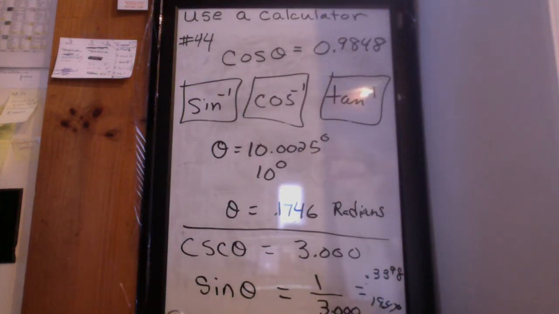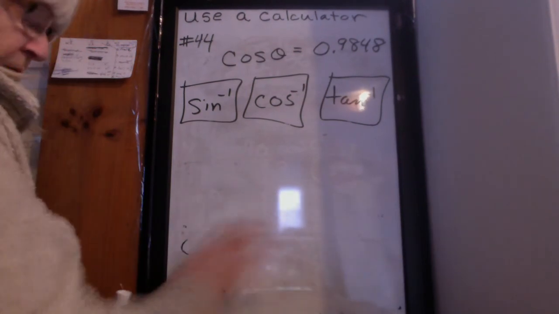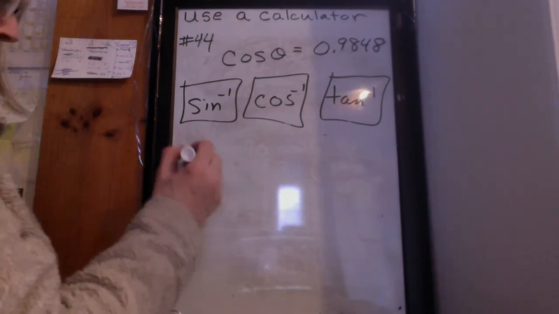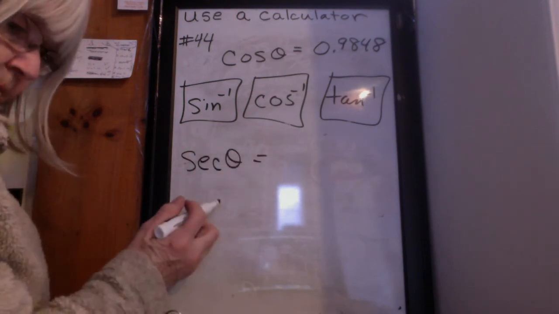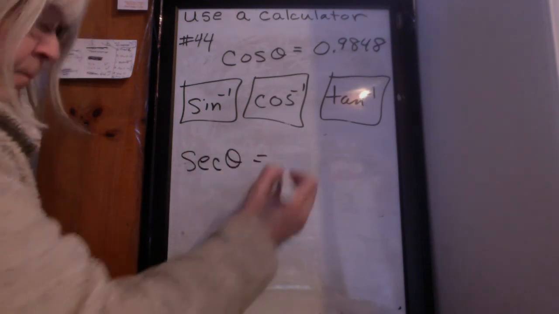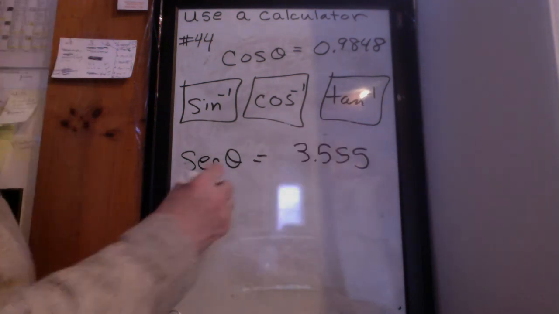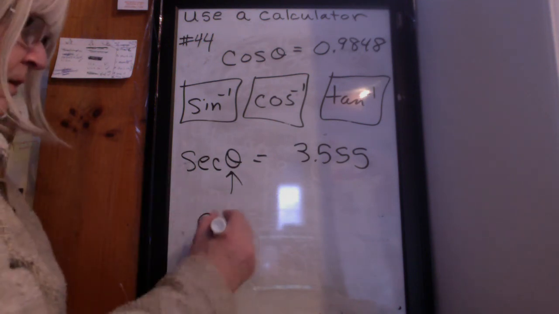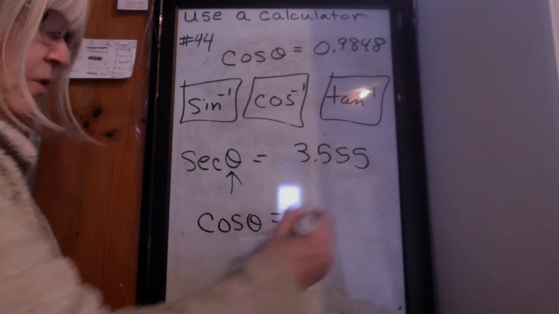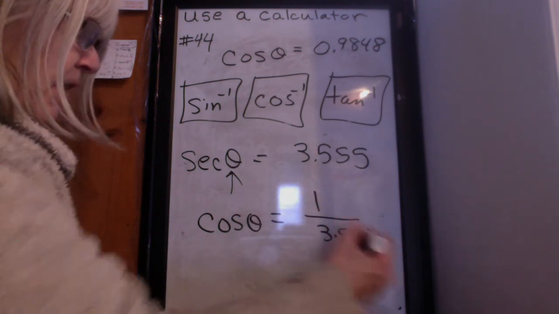So do we want to do one more of these tricky ones? Let's try one more. Suppose I want the secant of theta equals 3.555, and I want to know what the theta is. Well, what's the partner function for secant? Cosine. So cosine of theta would equal 1 over 3.555.